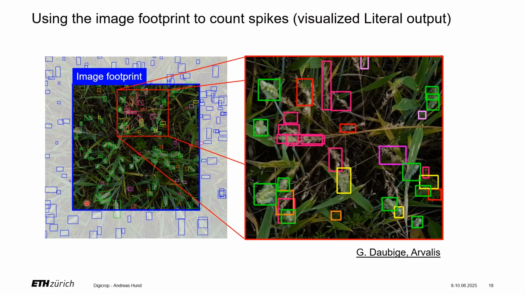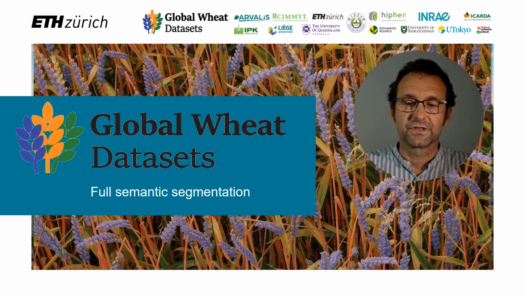Wheat head detection is already done, so if you have an image footprint from 3D information or from binocular vision, you can now get the area which was measured, and also the information on the certainty you have for a certain feature, for example, spikes.